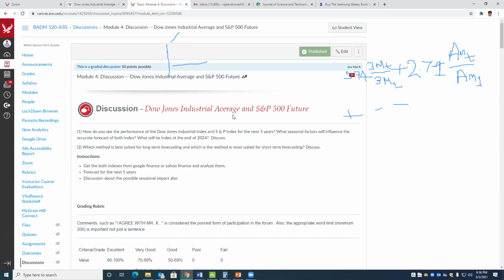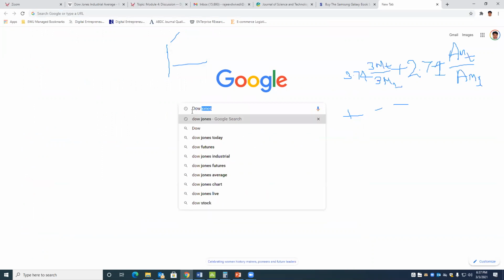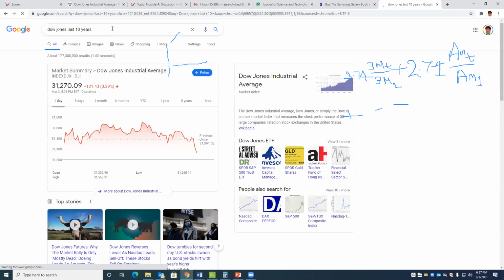So are you looking for a number at the end of 2024? No, I'm not very hard and fast about a number. Just for example, I can go here: Dow Jones last 10 years numbers.